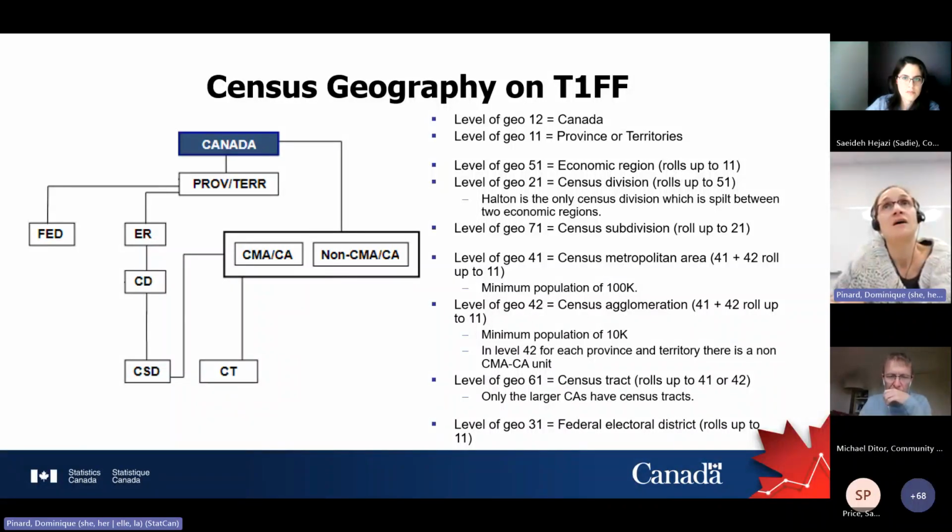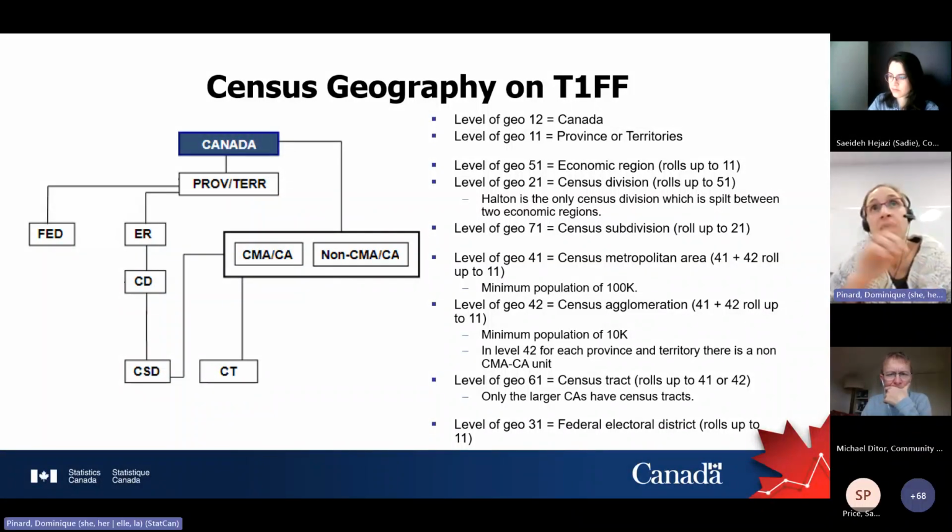The FED, federal electoral districts, is also available, and it is updated every 10 years. The economic region, census division, and census subdivisions are also available. Usually CSDs roll up into CDs, CDs roll up into ERs, and ERs to provinces. I say usually because there's one exception in Ontario, where Halton is split in 2 economic regions.